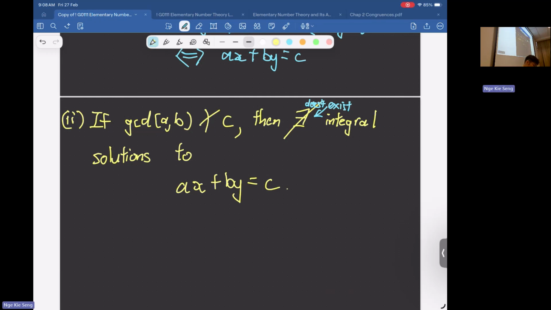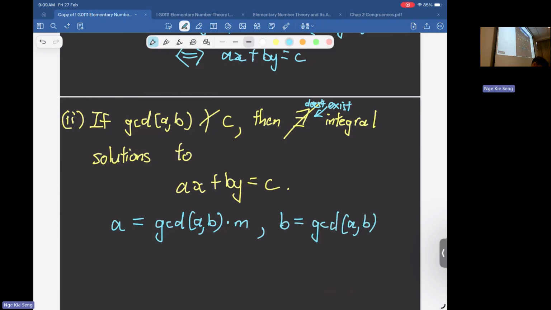Yeah, so this is a very fascinating statement here. Let's say I can use GCD of A and B to split A and B. So A is the GCD of A and B times something, and B is also the GCD of A and B times something else.